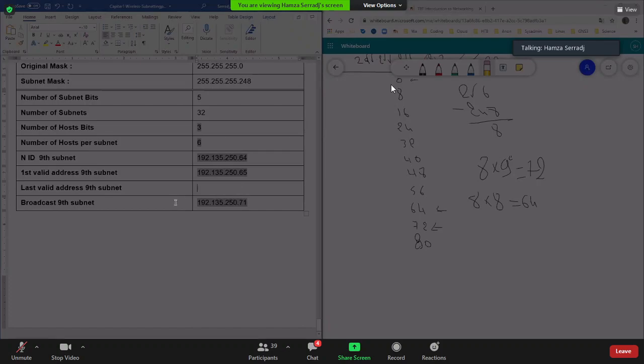And of course, the last valid address on the subnet 8, or the 9th one, is 192.135.250.70. Okay, this is the last address.